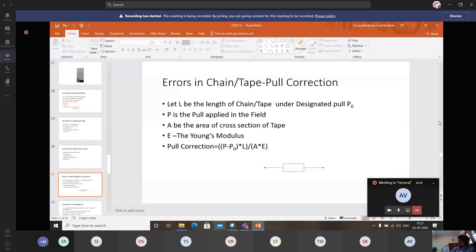Newton per meter square, what is it called? Stress. Yes, right. What is the unit? Pascal. Newton per meter square is Pascal.